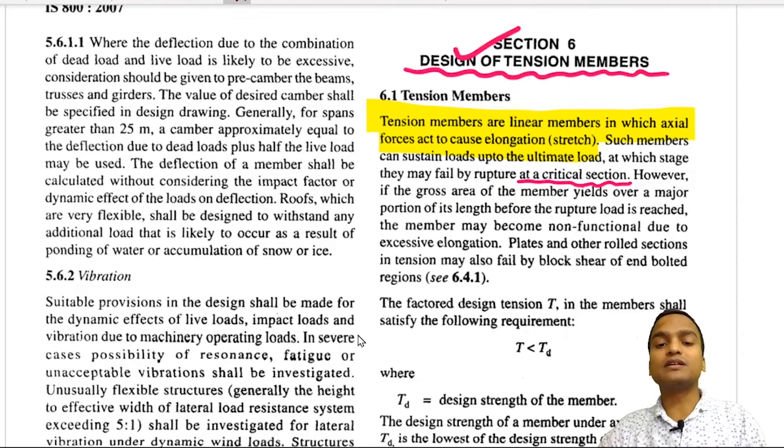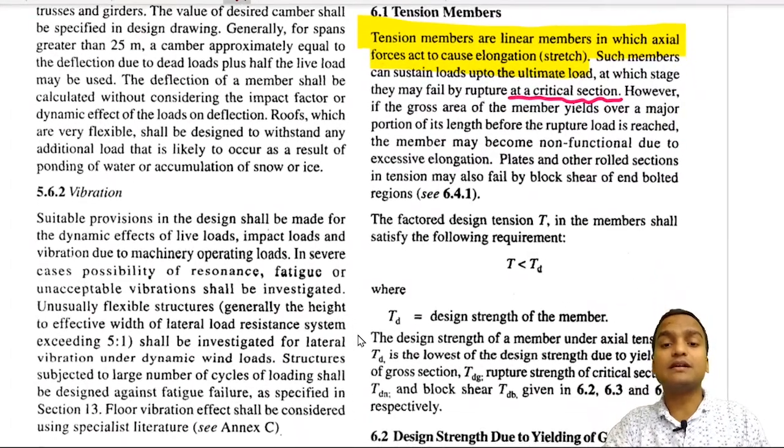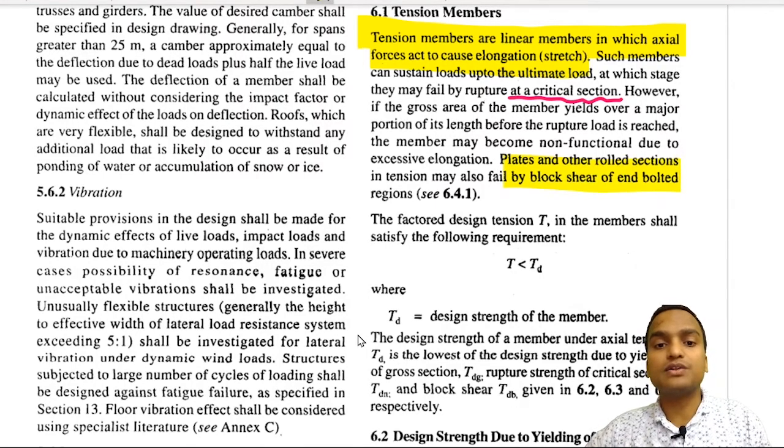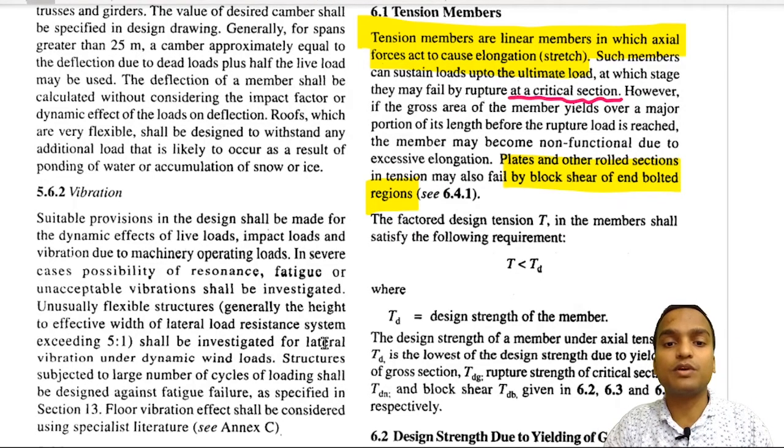The third kind of failure is also written here: the plates and other rolled sections in tension may also fail by block shear of end bolted regions. So all the three failures are summarized in this paragraph 6.1.